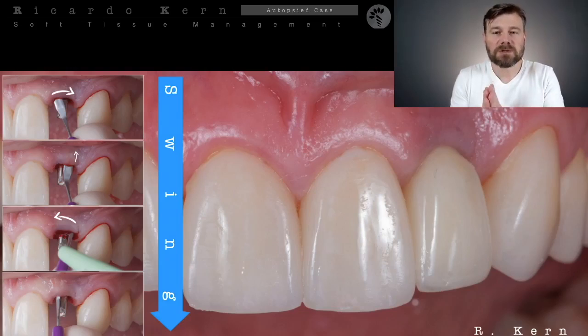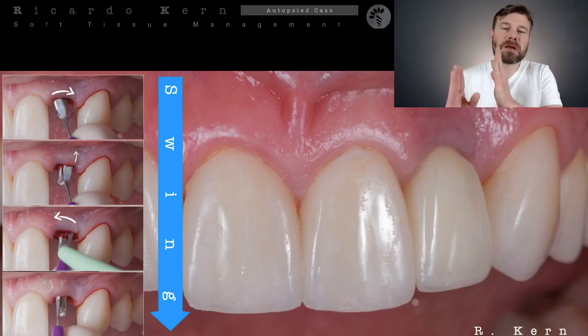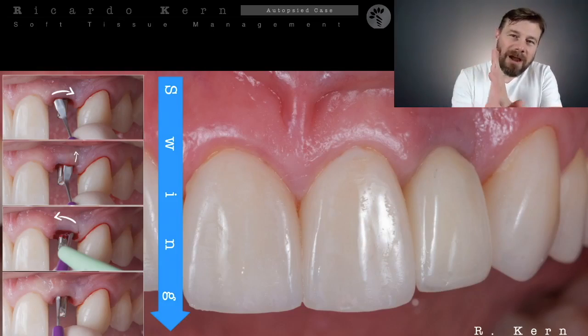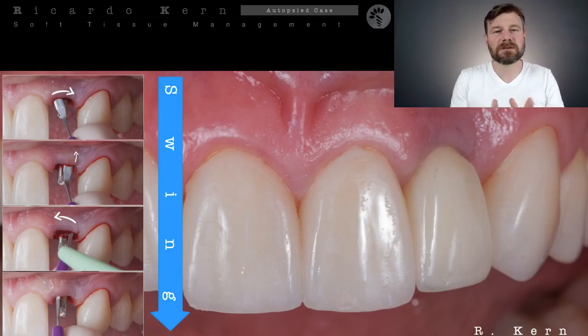What we decide to do is a splitting, but really a splitting very close to the surface of the abutment, to the surface of the bone, or to the surface of the threads of the implant.